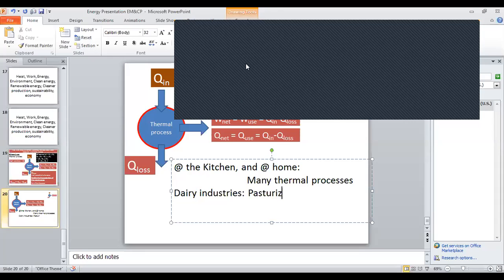Pasteurize, let's say. Even there could be sterilization.